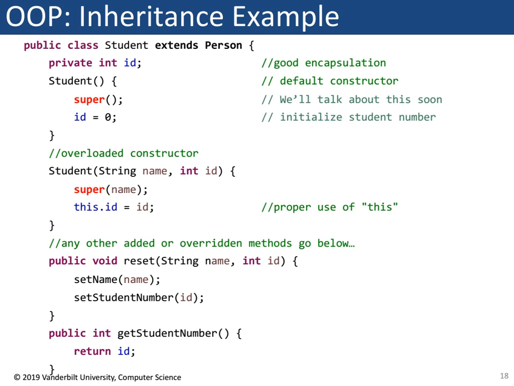Then we have getStudentNumber, which is going to return the ID. So this is an accessor method, while the other is a mutator method. Now notice we are using the setName method, which is part of the Person class, but we're using setStudentNumber, which is a part of the Student class. It is the mutator method for the ID instance variable.